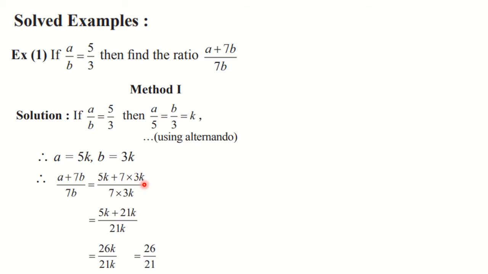So 7 into 3, 21k. 5k as it is, plus 21k multiplication here, and down also 21k; 7 threes are 21. Now add 5k plus 21k: 5 plus 21, 26k, upon 21k. So k and k will get cancelled and our answer is 26 upon 21.